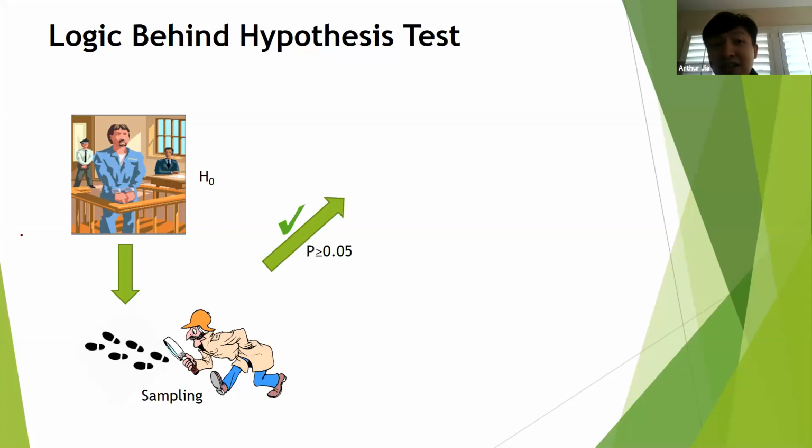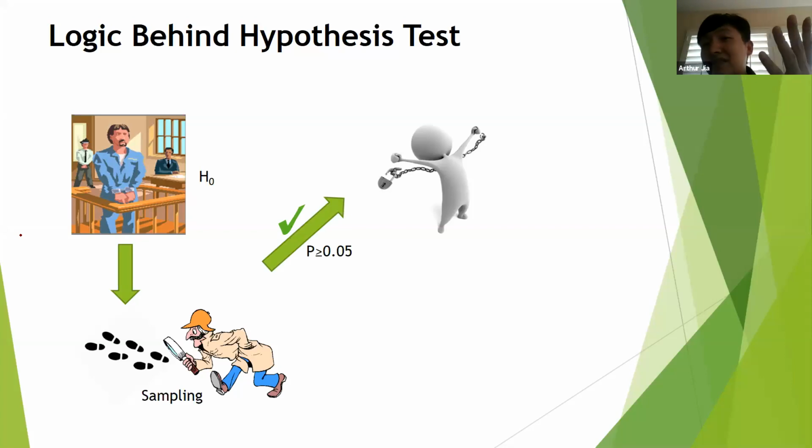If the data support the null hypothesis, which means the probability is reasonably big, then we're gonna set this guy free, because the data is supporting the null hypothesis, which means he's innocent, right? However, if the data is not supporting the null hypothesis, what happened?